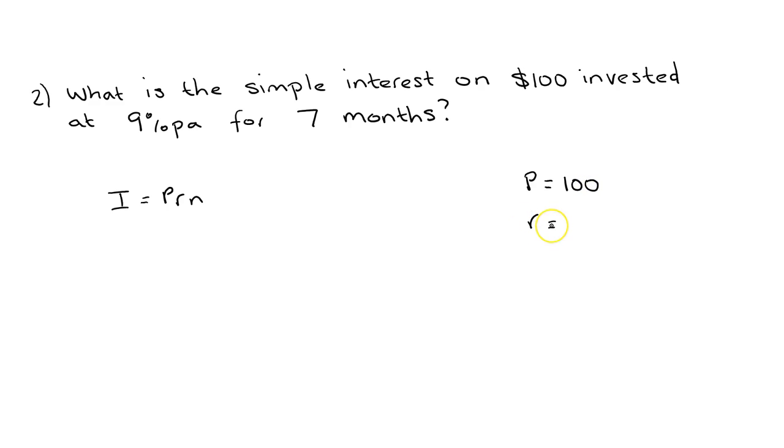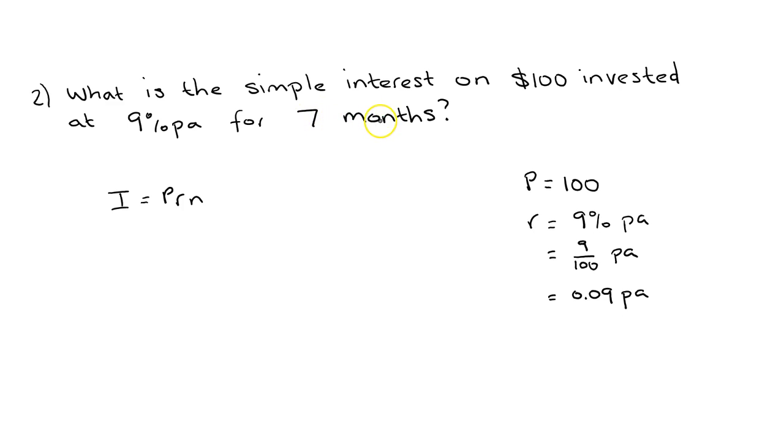R is our rate, which is 9% per annum. Now, if I convert this into a decimal, we've got, first of all, 9 hundredths per annum, which is 0.09 per annum. Now notice in our question our time period is 7 months.